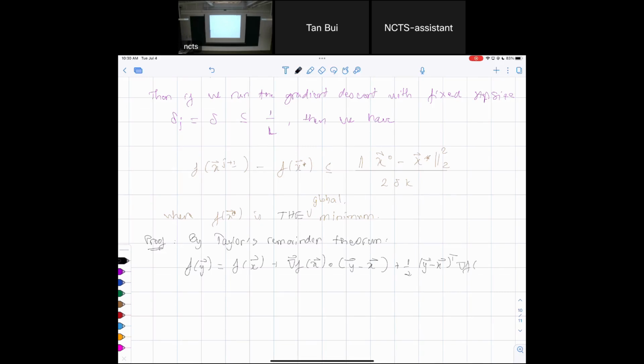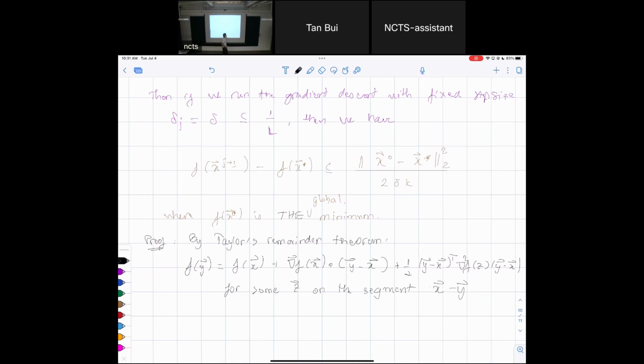evaluated at some z, times y minus x, for some z on the segment xy. Okay, remember, it's very similar to what we showed last time.